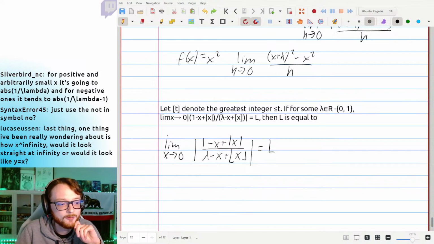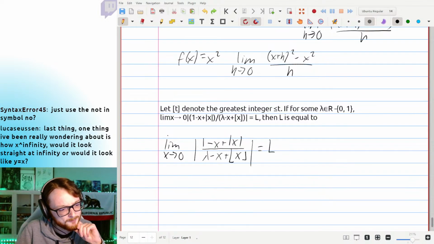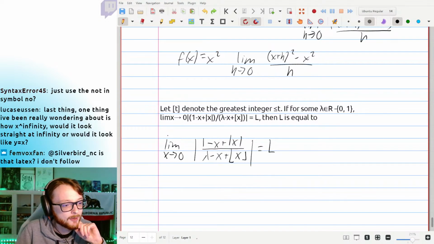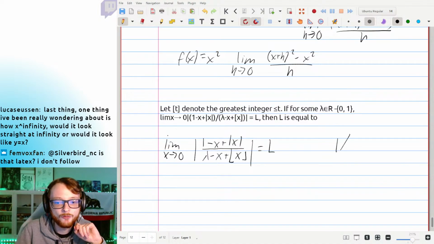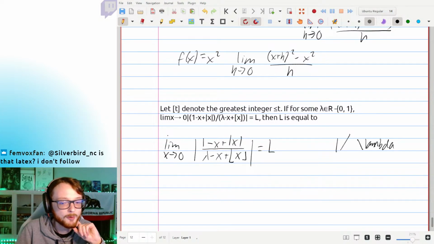It depends on, well, yeah, that's LaTeX, more or less. Well, it's not exactly LaTeX. The slash lambda means the symbol. It's like one division sign, and then in LaTeX you do the other slash lambda to make a Greek letter. So Silver is saying 1 over lambda.